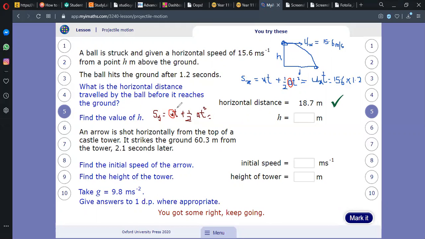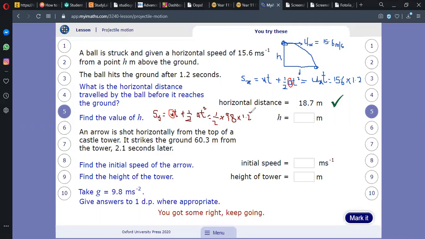So the whole of this becomes 0 right here. I'm only looking at half multiplied by the acceleration, which we know already as 9.8, and then multiplying that by t squared, that's 1.2 squared.